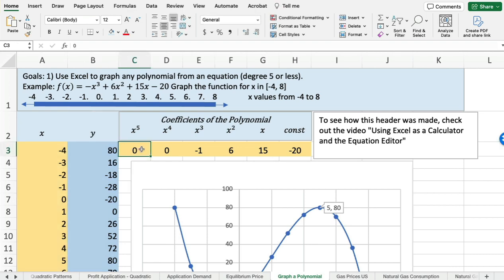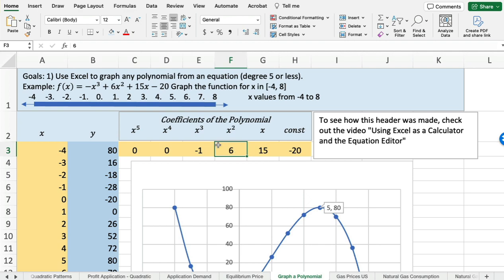So down here in columns C through H, this is where I'm going to put my fixed references. These are all going to be fixed references. Starting with C3, we have a 0 because there is no x to the fifth term. In D3, we have a 0 because there is no x to the fourth term. In E3, we have a -1 because the negative in front of the x to the third is a -1.